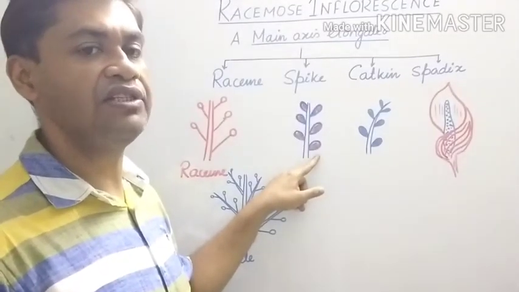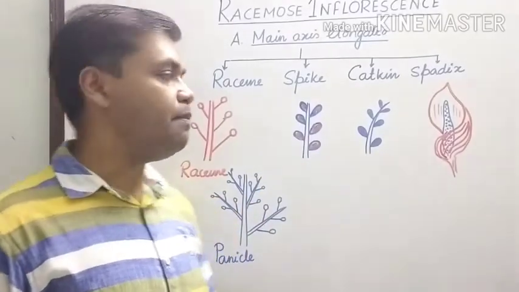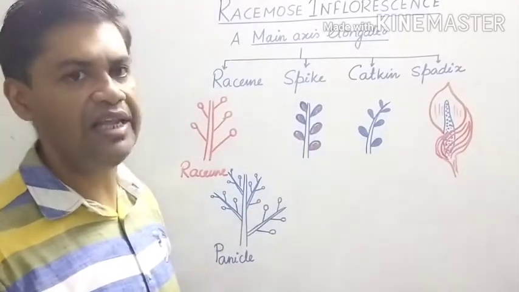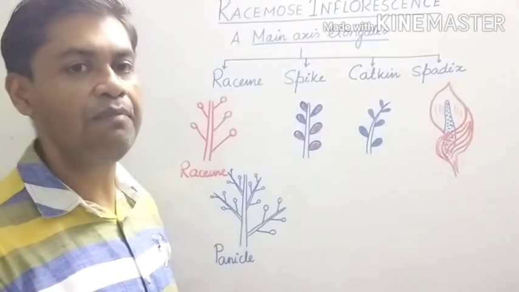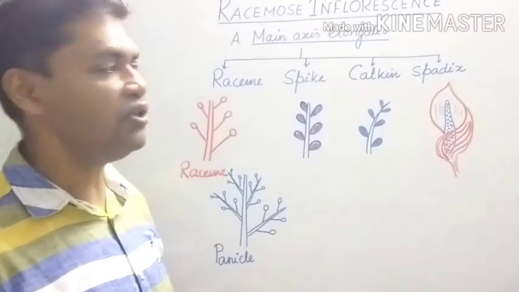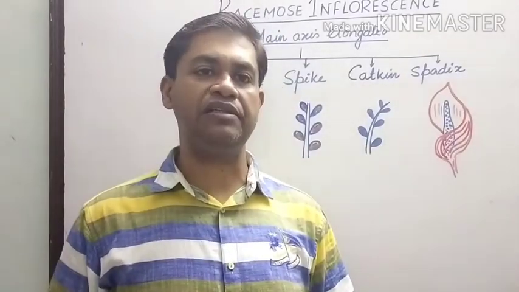And here the flowers are bisexual in nature. For example, bottle brush, which is also known by the name Callistemon, or amaranth. These are the flowers where you can get the spike type of inflorescence, which is basically racemose inflorescence with the main axis elongated.